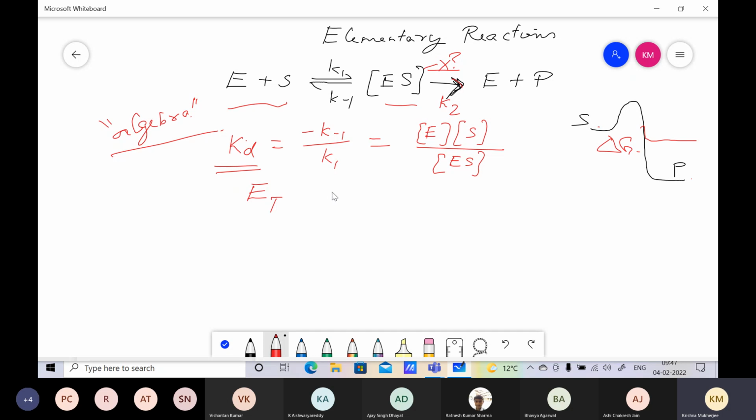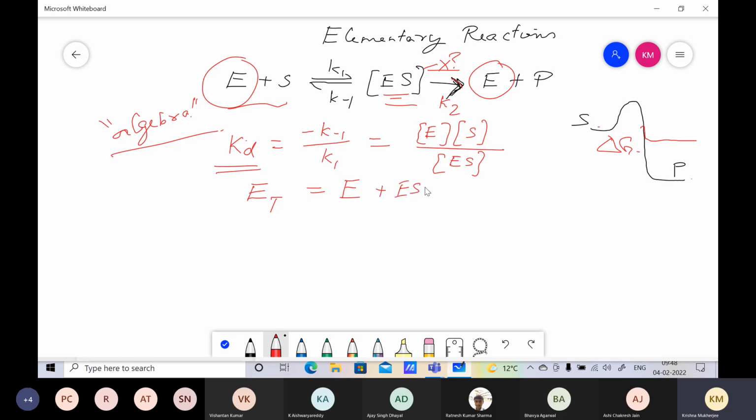The total enzyme is either free enzyme or bound enzyme. It's either free, because this is regenerating the enzyme and it's being used back here. So the total enzyme that you have added in a reaction mix is either free or in the bound form. Does that make sense? Okay, so it's either free or bound.